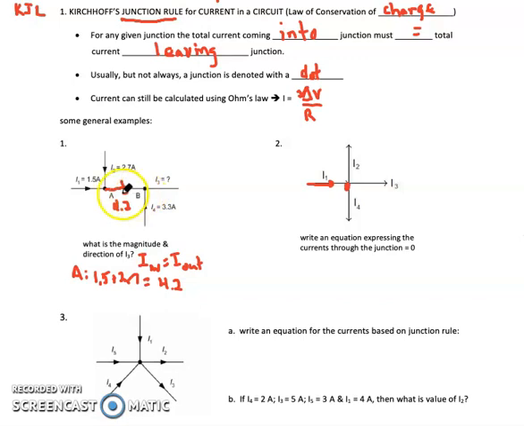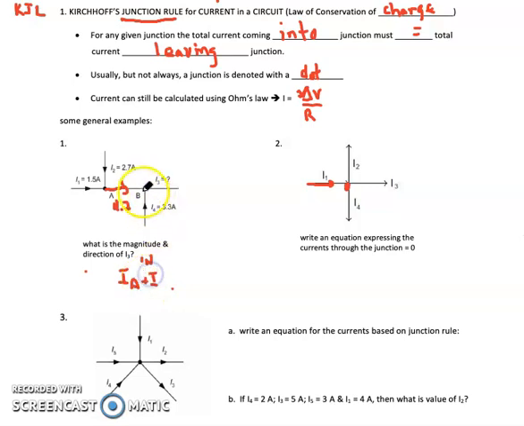Now I can look at junction B. So I've got 4.2 coming in. I've also got from I4, 3.3 coming in. So I can say, and I'm going to erase this because I don't have a lot of space, here's my in. What's coming in? The current from junction A, which I've already figured out, plus I4.